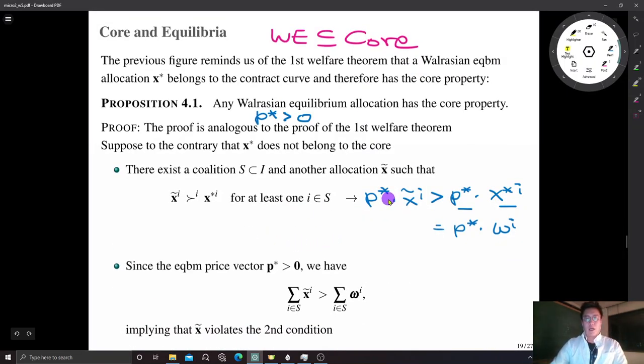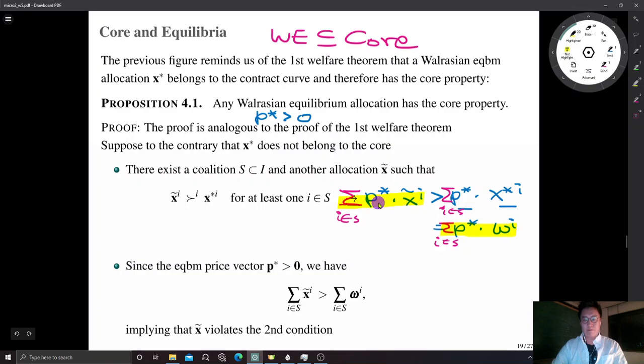So if we sum over i inside the coalition, this one is larger than this one.